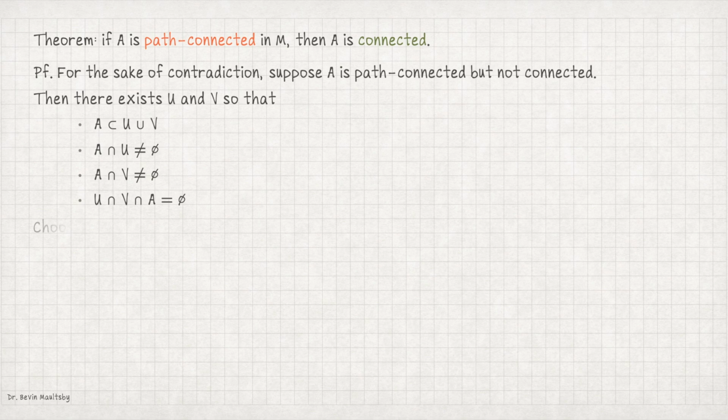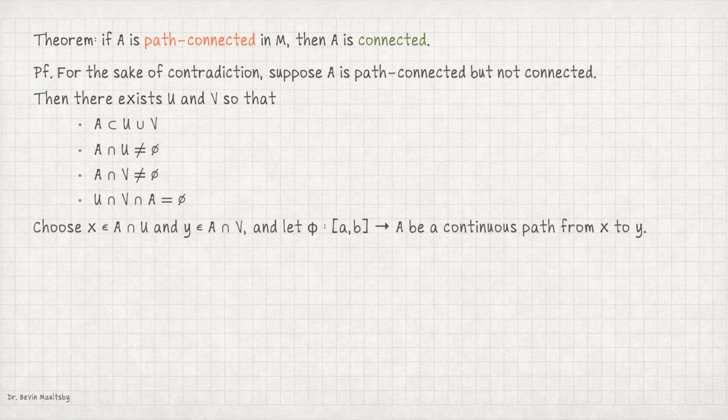Let's bring in our hypothesis that A is path connected. Since we know that A intersect U is non-empty and A intersect V is non-empty, we can choose a point in both of those intersections.